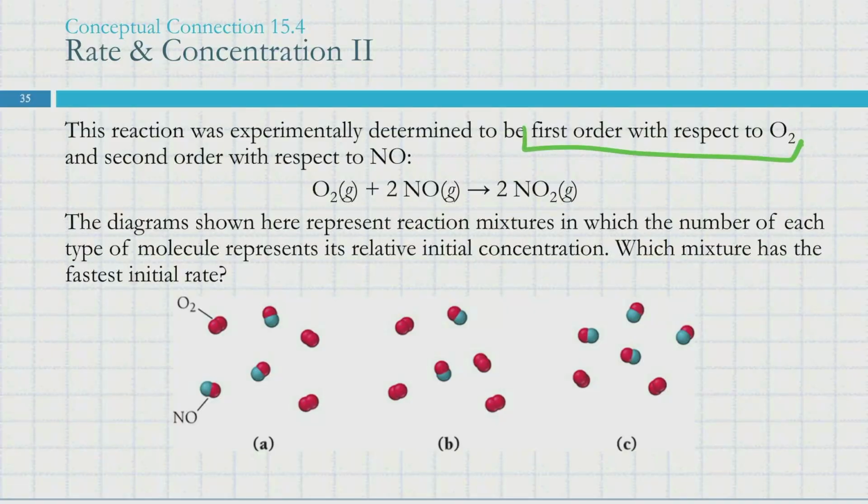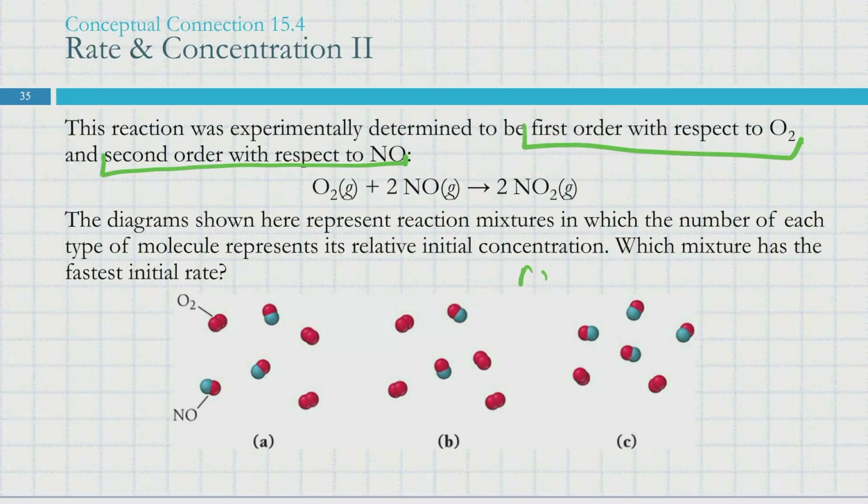First order with respect to O2, second order with respect to NO. If you wanted to, you could plug these in. Make up some numbers. You could just use the whole numbers here. That would probably work. And just make up that K is equal to 1 and see which one has the fastest rate. If I'm not crazy, it should be C.